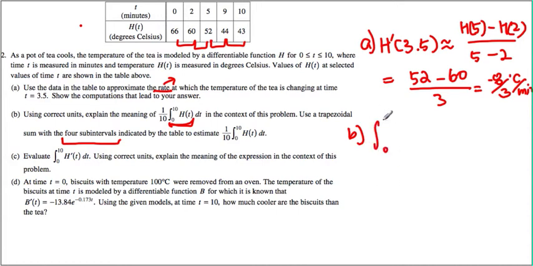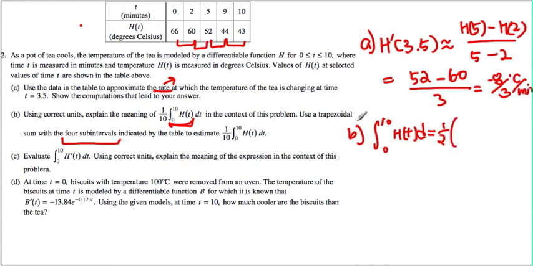From 0 through 10 of h of t dt. Now, if you remember, the formula for the area of a trapezoid is 1/2 base times height. So we have 1/2. And as you can see, the interval is not constant, so we cannot just put everything together.